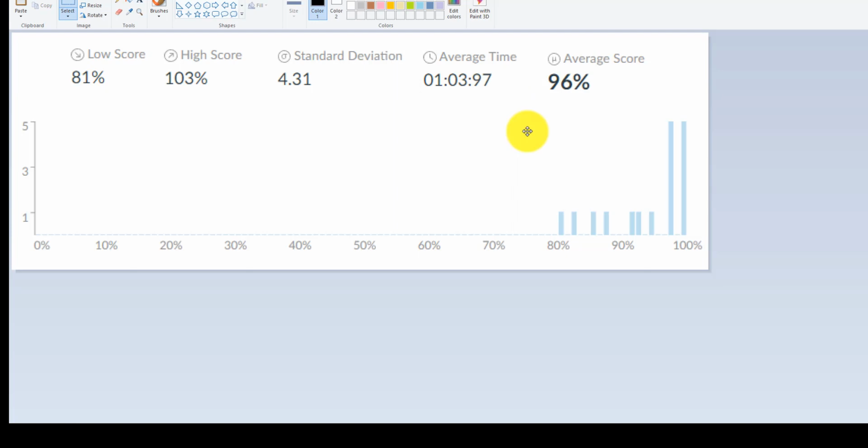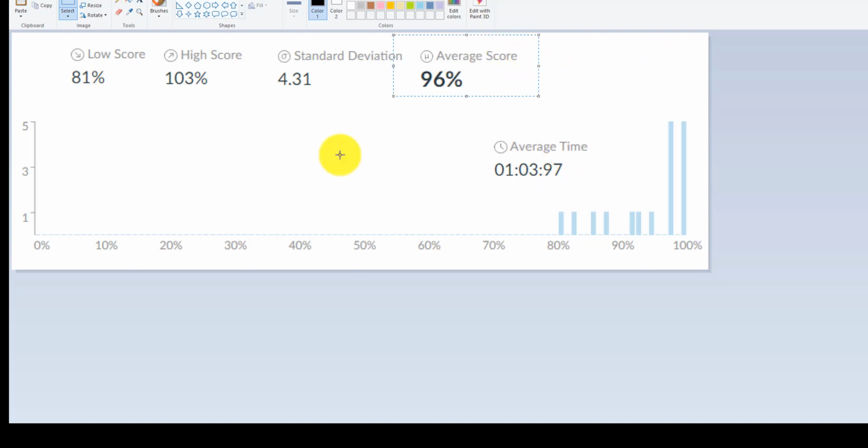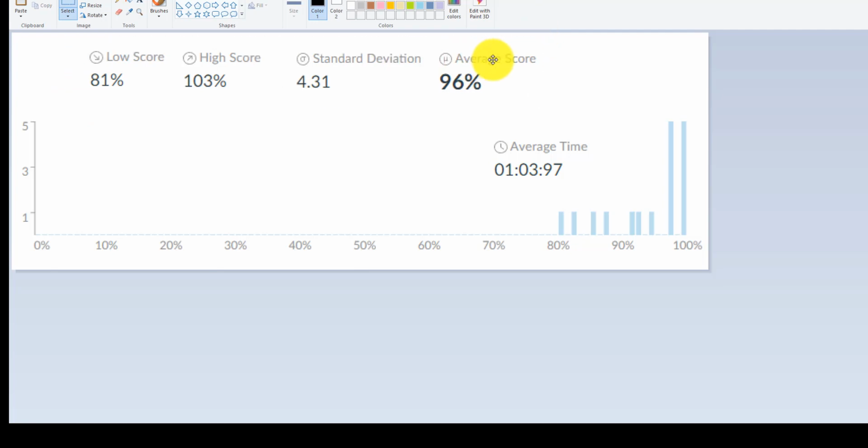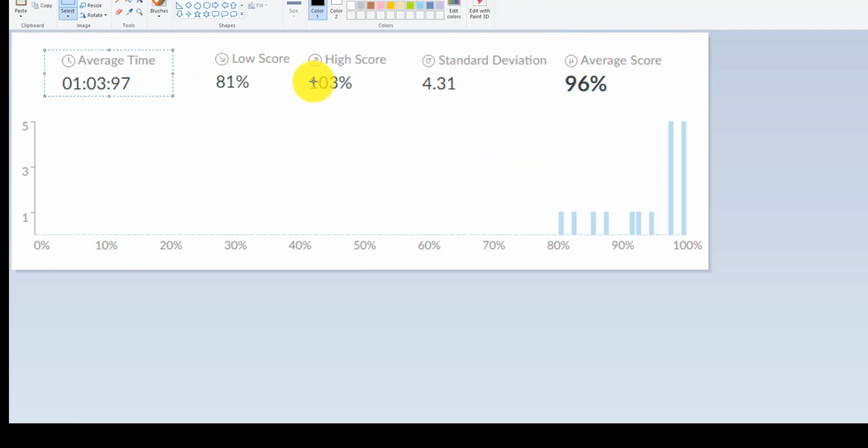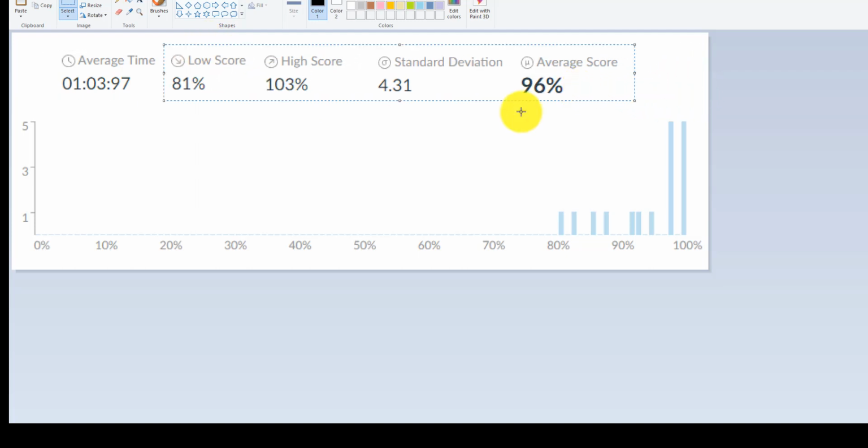We could also argue that this thing should be at the end or maybe at the beginning, like I'd like to see it at the beginning because it's a unique variable that will feed into our hypothesis of how people did in the exam. Like if I had people finish this in 20 minutes as the average time, we've got a problem. But if they finish it in that amount of time, then we're good.